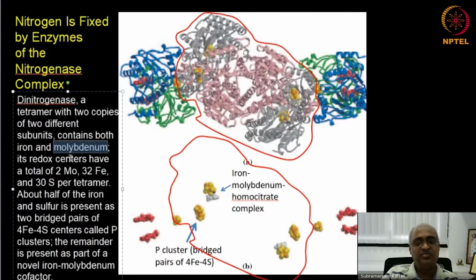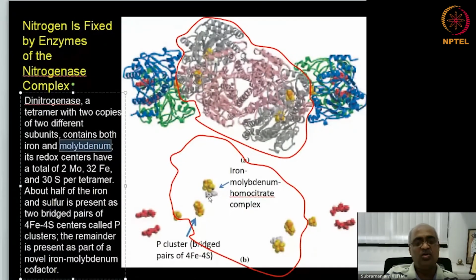This iron molybdenum complex shown here is attached to homocitrate, a modified citric acid. That complex is crucial for the activity of this enzyme. In addition, you have this 4Fe4S complex, which is called the P cluster.